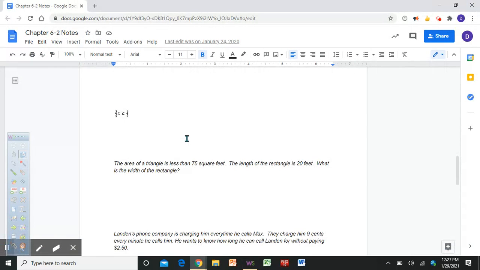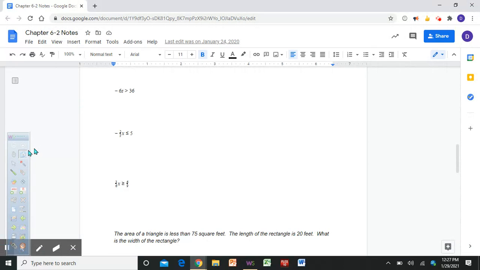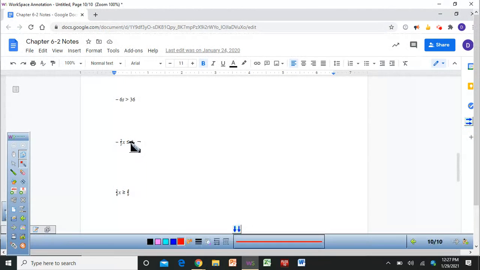The one tricky one I think we're going to have the most problems with today is fractions. So if you ever run into any with a fraction, the first thing we're going to do, so we have this equation, I'm automatically going to put my whole number over 1. Okay? If we're working with fractions, we're going to keep them all as fractions. Then I need to multiply both sides.